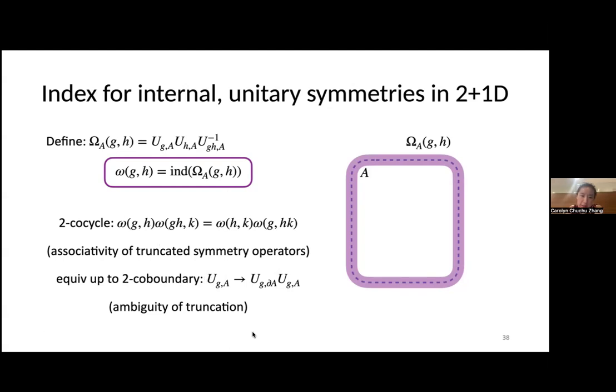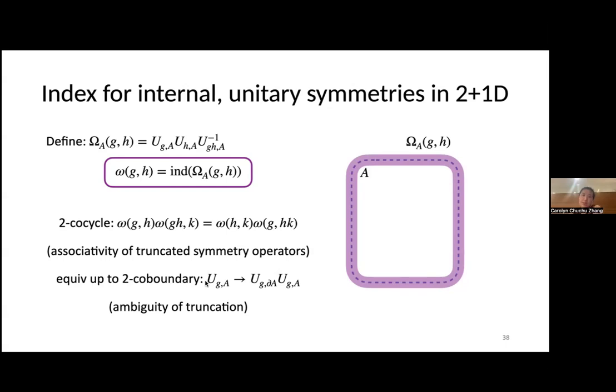And in this case, this arises naturally because the ambiguity is related to the ambiguity of how you restrict the symmetry. Because you can add any locality preserving unitary when you restrict the operator, that comes naturally as this two coboundary. So the short story is it's not just any function of two group elements to the rational numbers, it's a particular function satisfying some particular conditions as two cocycle conditions and some equivalence relations as two coboundary conditions.